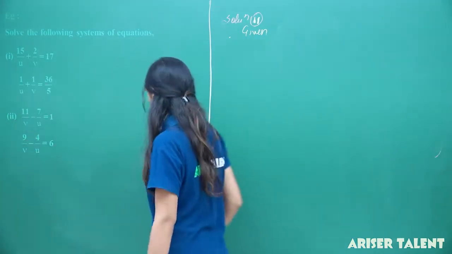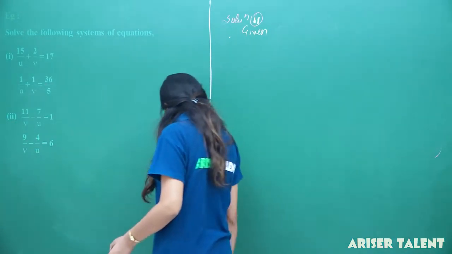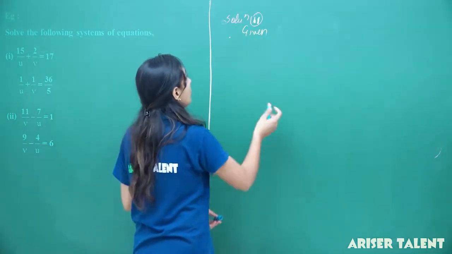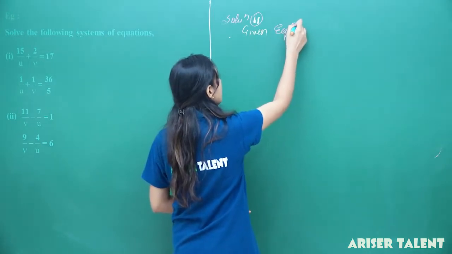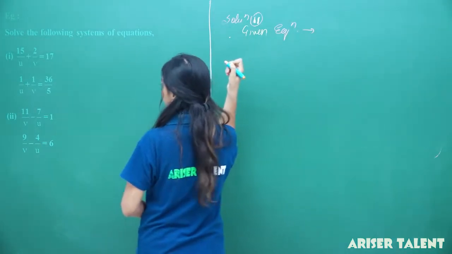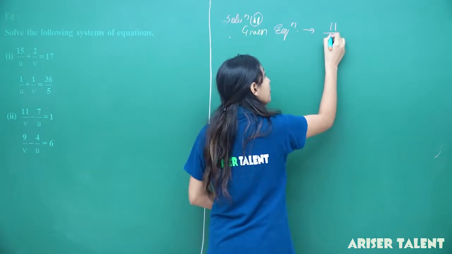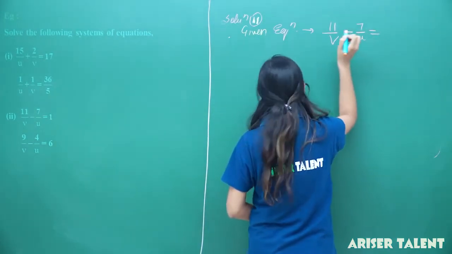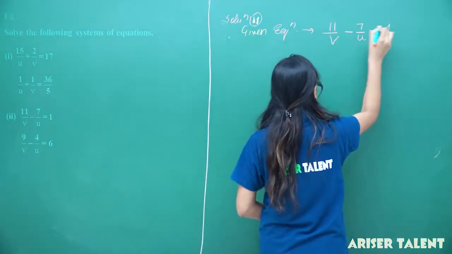Okay. So first we will do what? We will be writing the given equation. Okay, so given equation is 11 by V minus 7 by U equals to 1, right?